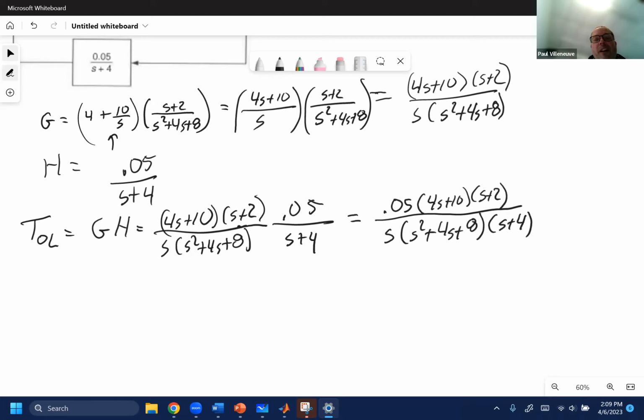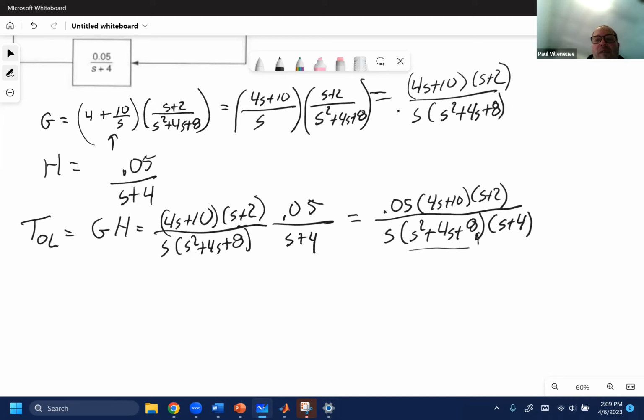Now, at this point, you have the option. You can go ahead and decide if you want to factor this out using a quadratic equation. But hopefully with some realistic approach, you can see that I'm not going to get a pole at S equals 0, because if I factor this out, there's no way to get an S term in there.